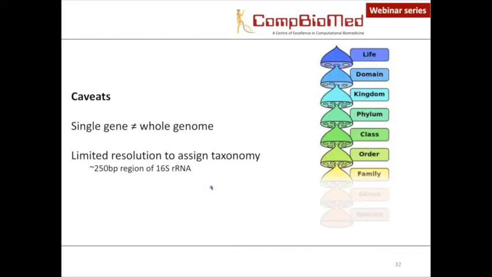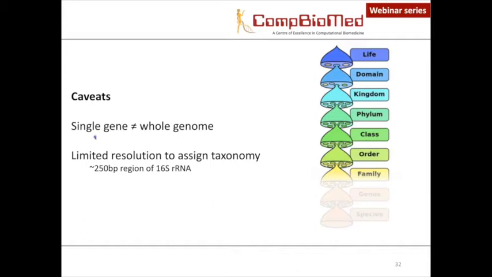So these are some of the caveats. I mentioned that you can't really see at the level of individual species because of the sequencing depth we do. So you can definitely see phyla, which is what most of the software will bring back for you. You can see some greater level of detail than that, but you can't see individual species. This is partially because of sequencing depth.